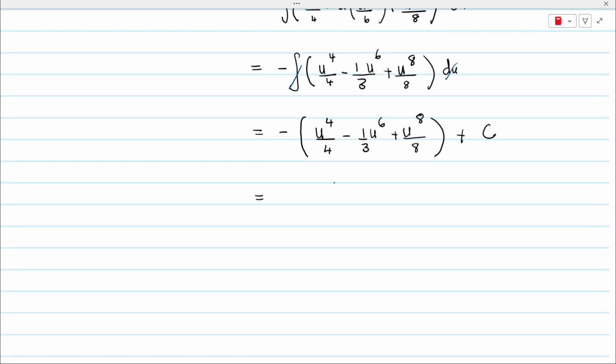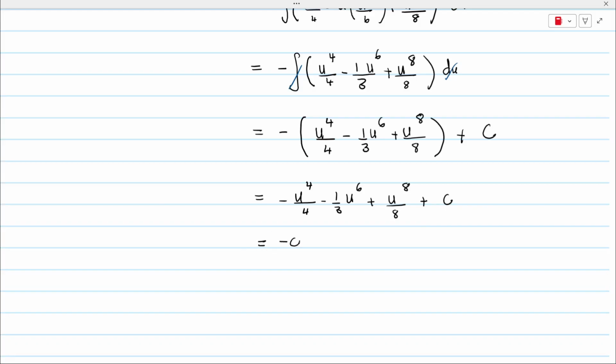So after this, I will then expand with a negative sign. So this will be negative u exponent 4 all over 4 minus 1 all over 3 u exponent 6 plus u exponent 8 all over 8 plus the constant of integration. So now I can see that since I've already determined what my u is, I can just substitute my u back.